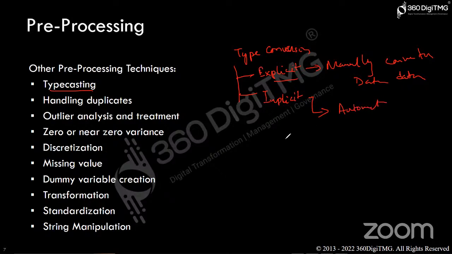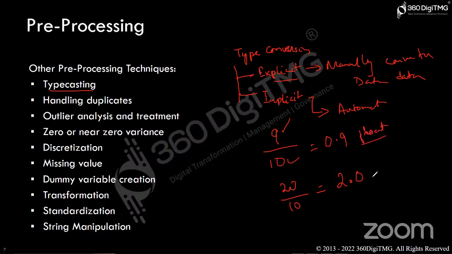So for example, suppose I'm doing 9 by 10. This is an integer, this is also an integer, but when we divide, it will come as 0.9. Even if we have a perfectly divisible case, suppose 20 by 10, it will give you 2.0. It will give you a float value, even if perfectly divisible.